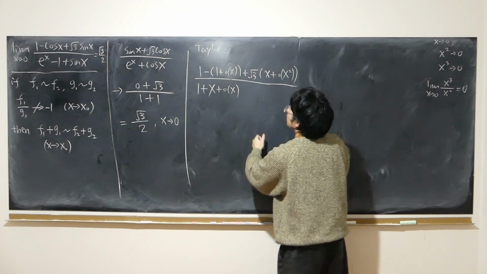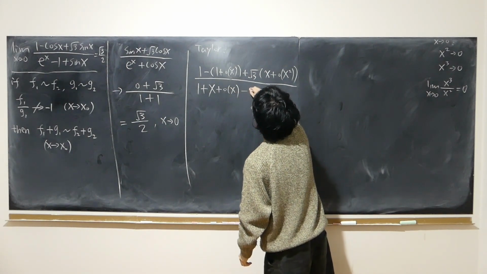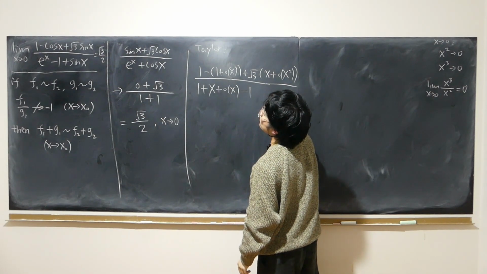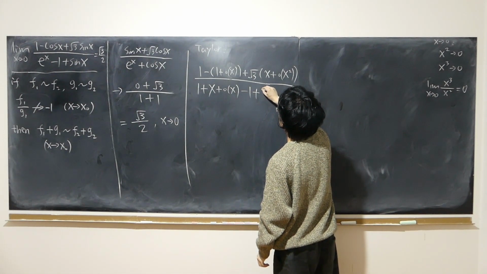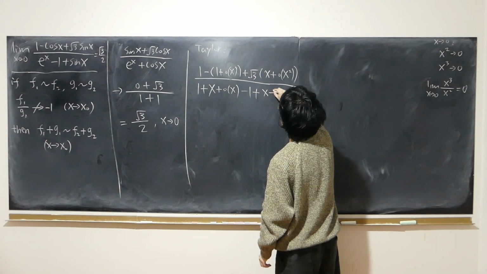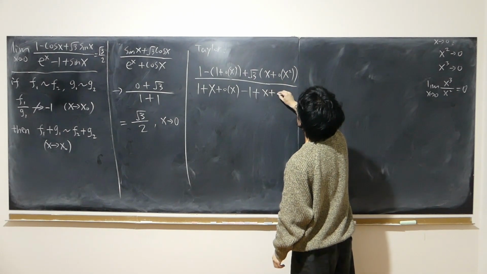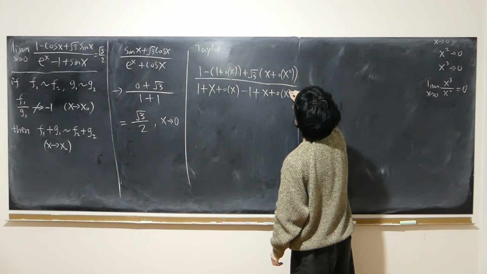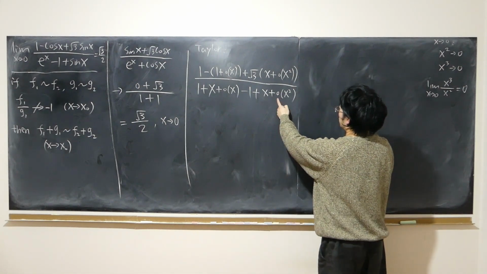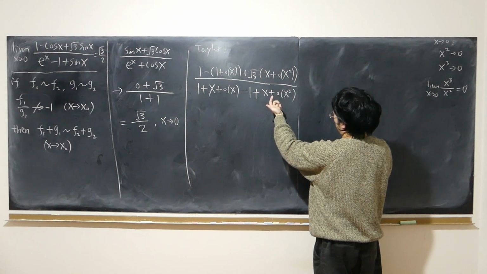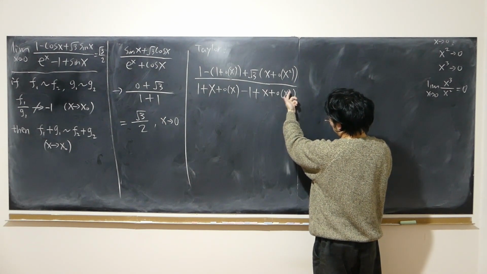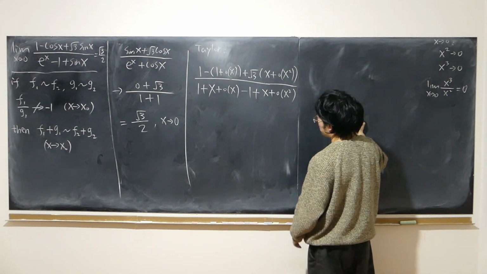So minus 1 and plus sine x. Again, sine x expanded into x, same as here, plus little o of x squared, which is just some infinitesimal times x squared, approaching 0 faster than x squared even.